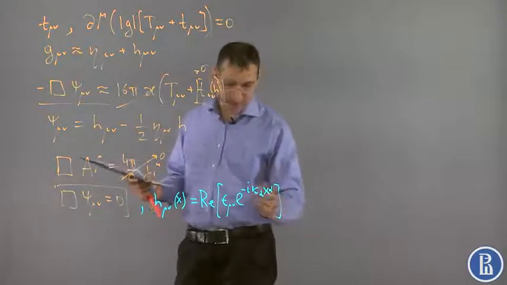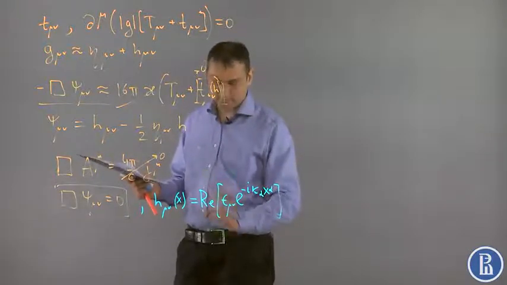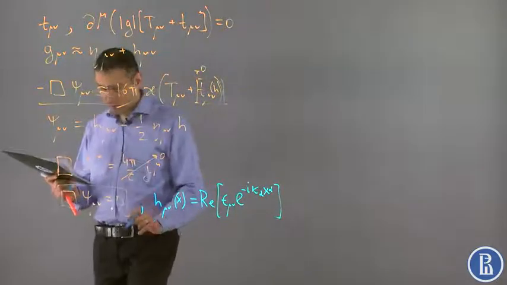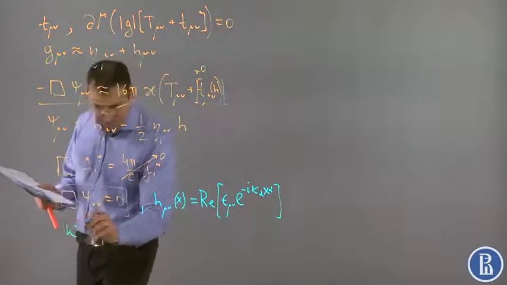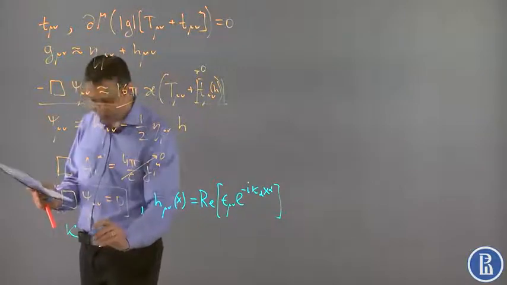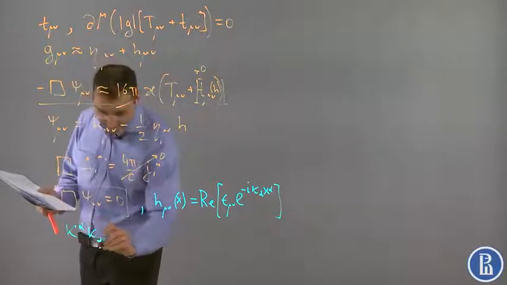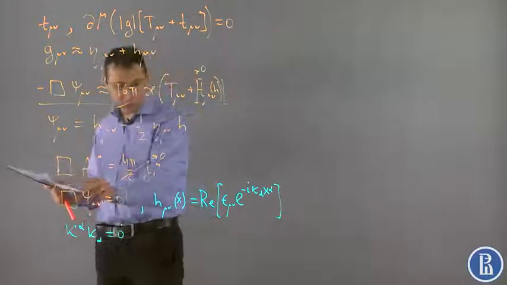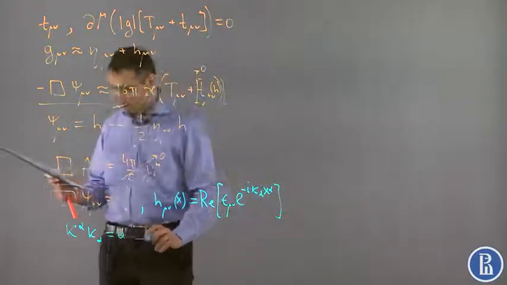They're x independent. k is real, ε is complex. For this to solve the equation, if we just plug it in, we obtain that k_α k^α should be 0. Well, this is just the consequence of the application of two derivatives on the exponent.